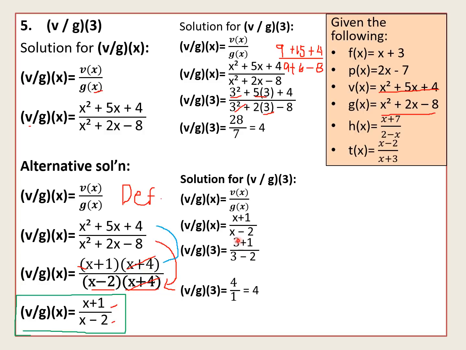So, it would become what? 3 plus 1 is 4, and 3 minus 2 is 1. And of course, 4 divided by 1 is 4. As you can see here, we have the same value, 4 and 4, above.